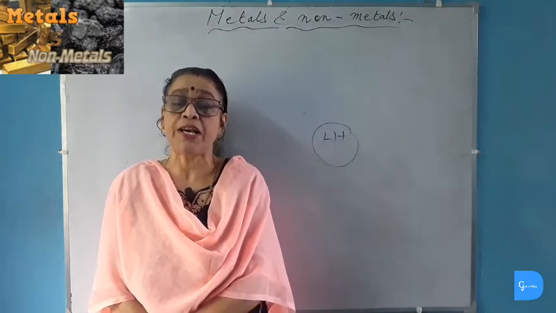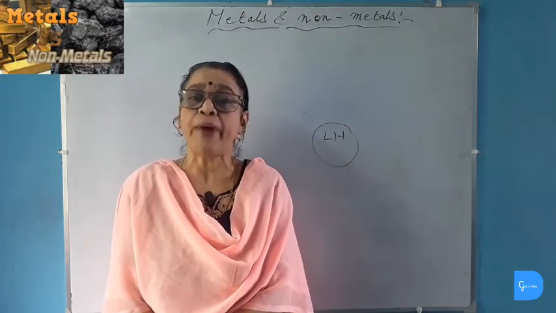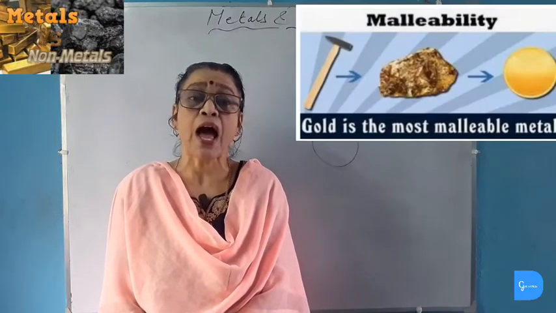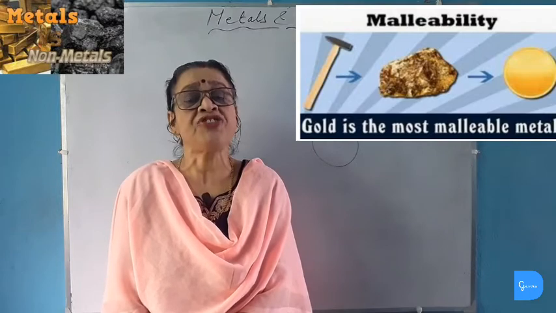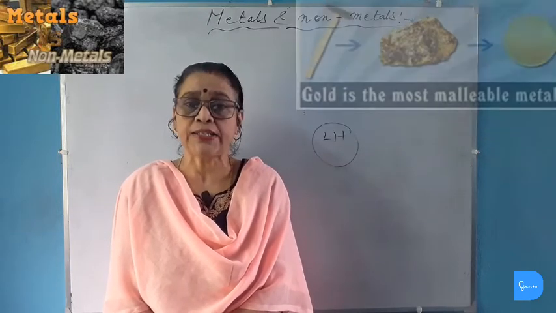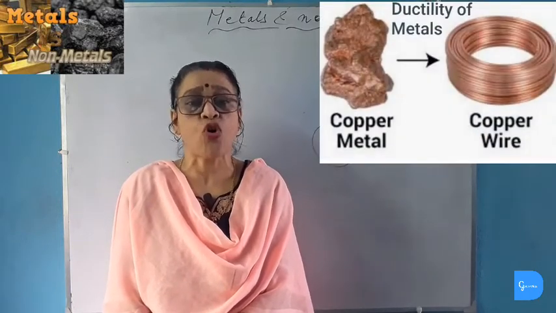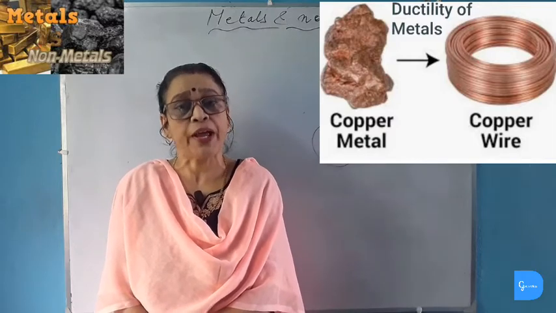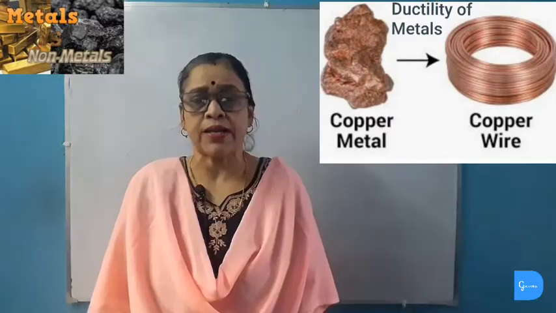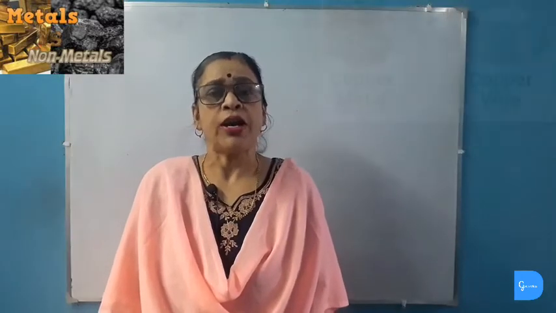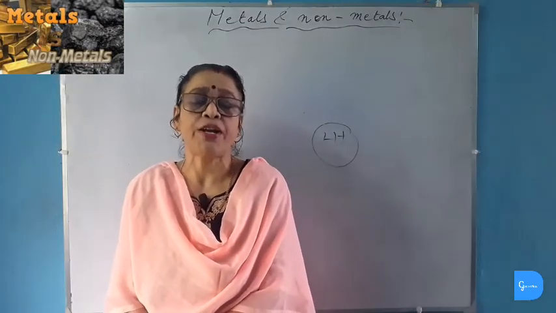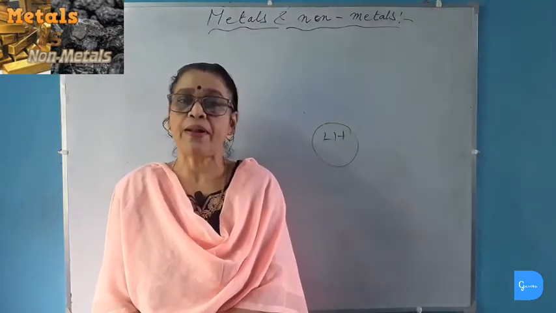Malleability and ductility are the main characteristic properties of metal. Malleable means if the metals are hammered, then they form thin sheets without breaking. And ductility means metals can be drawn into thin wires without breaking. Whereas non-metals are neither malleable nor ductile. Now we will discuss this point vividly. Metals are malleable and ductile.